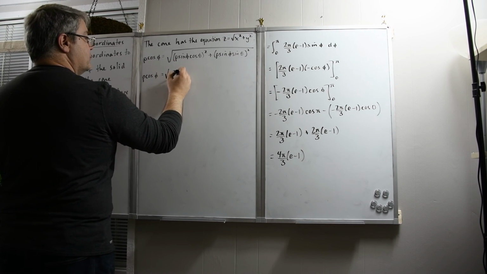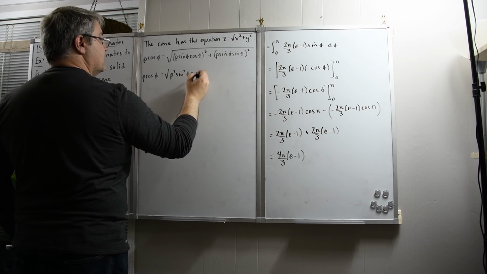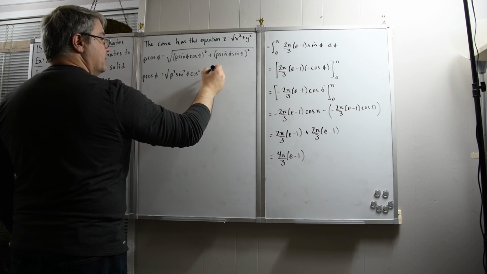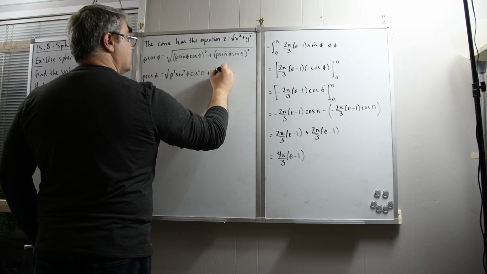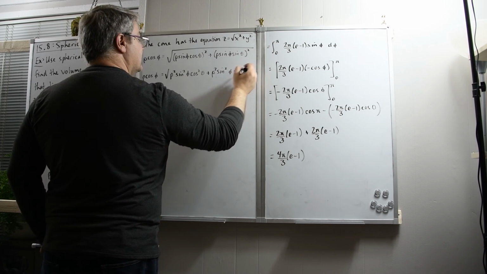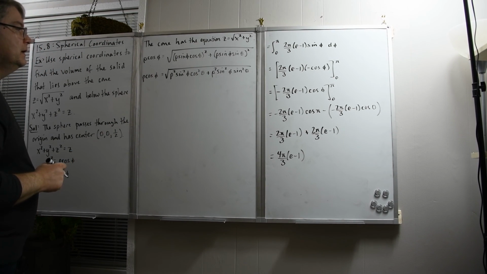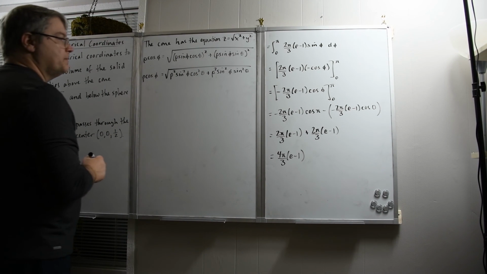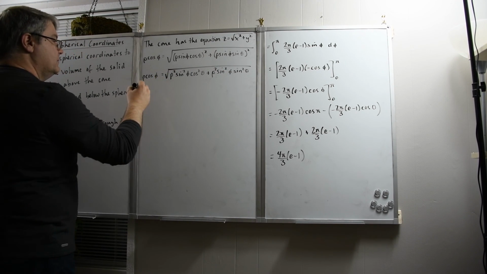On the right side we'll have a rho squared sine squared phi cosine squared theta. And then we'll have a plus rho squared sine squared phi sine squared theta. So this is all underneath the radical. But we can factor out a rho squared sine squared phi from each of these.